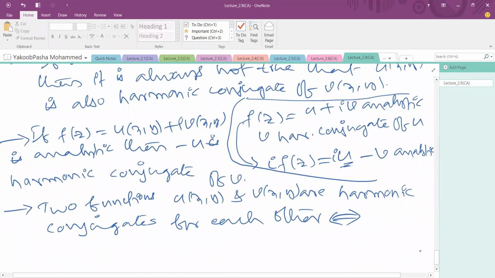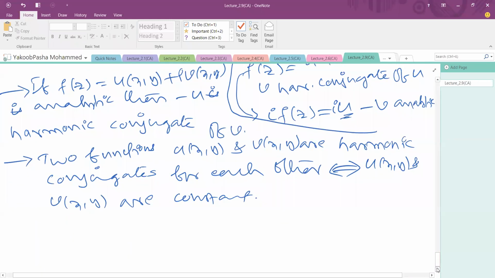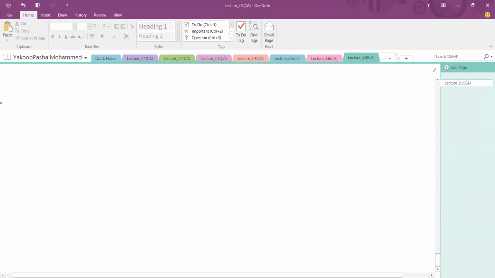They are constant. u of x comma y and v of x comma y are constant. And one more very important result on analytic functions.